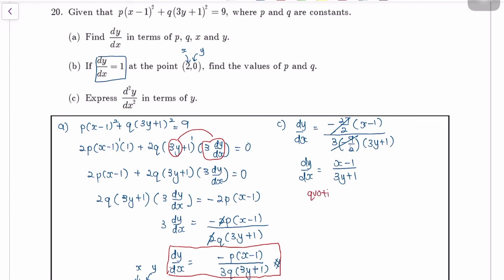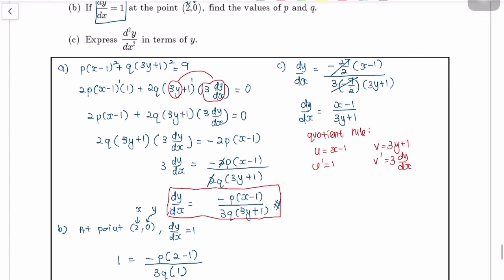So kita nak cari d2y over dx square with u equals to x minus 1 and v equals to 3y plus 1. So u prime will be 1, v prime will be 3 dy over dx. Jangan lupa dy over dx sebab kita sedang differentiate y. Okay, now masukkan dalam formula d2y over dx square.